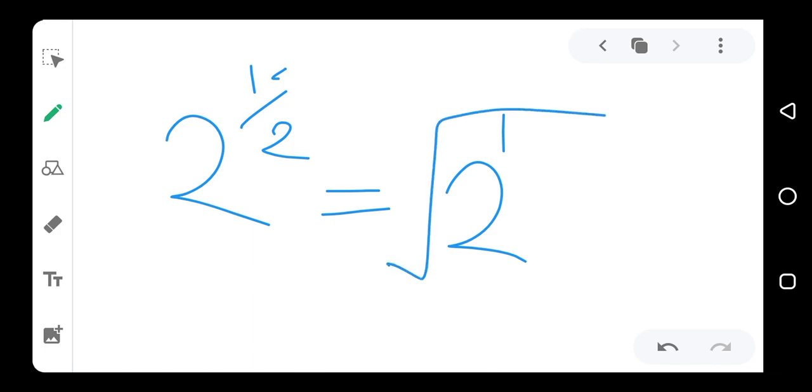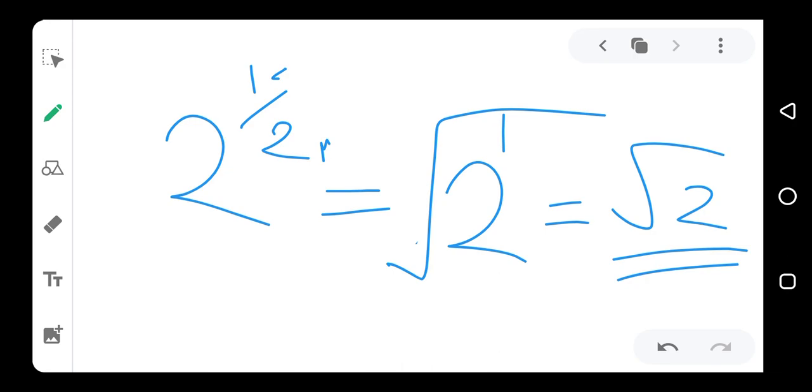Then it is 2 that is here, so we don't have to put the 2 here. We are not putting anything here. So we leave it empty to show that it is square roots. We already know that it is square roots. By just leaving it empty, we already know that it is 2 that is supposed to be here. Okay, so this becomes 2 raised to power 1 is 2. So this is the answer.